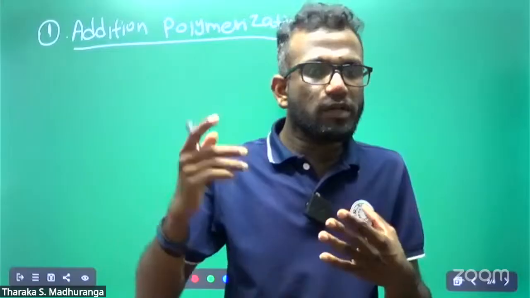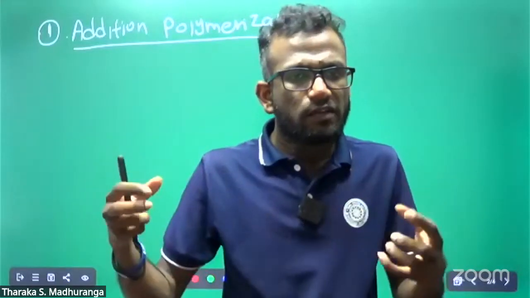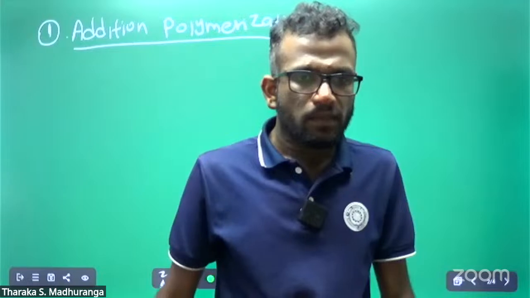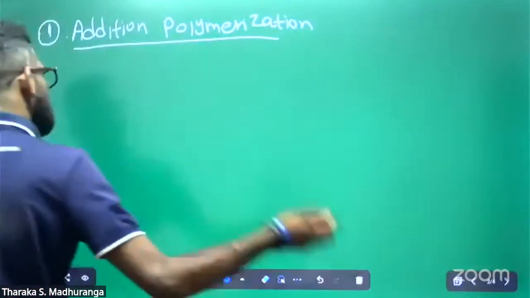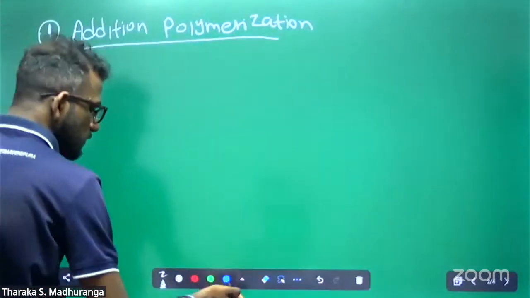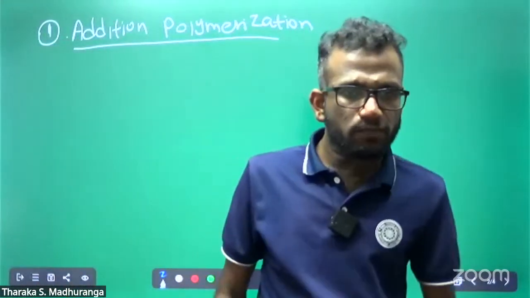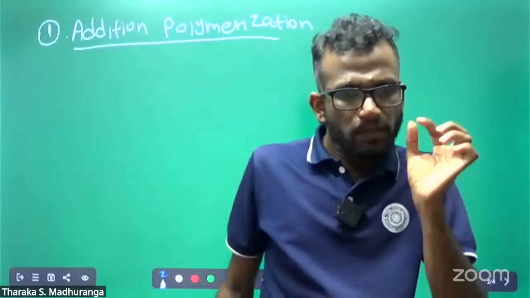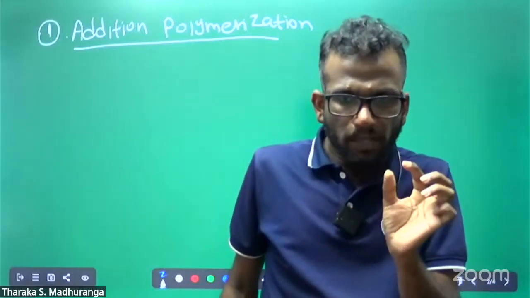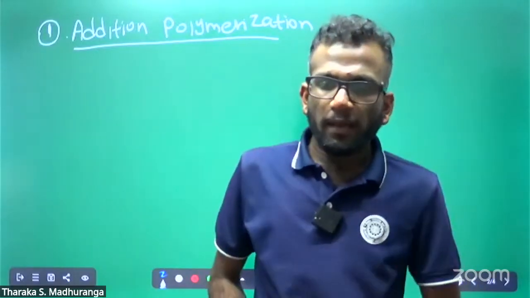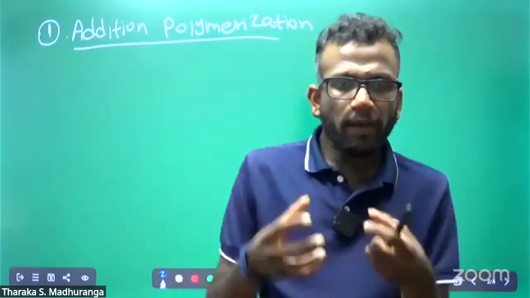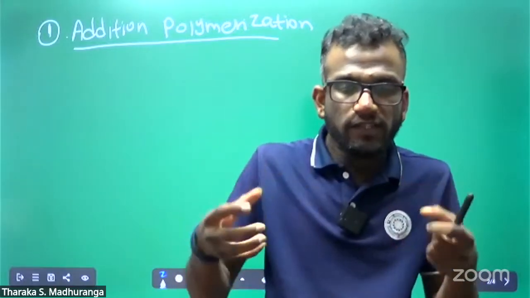Water molecule removal produces the structure that we call protein. Remember, that's a short key. I started from something you already know: the protein production, peptide bond production, the bond between two amino acids.